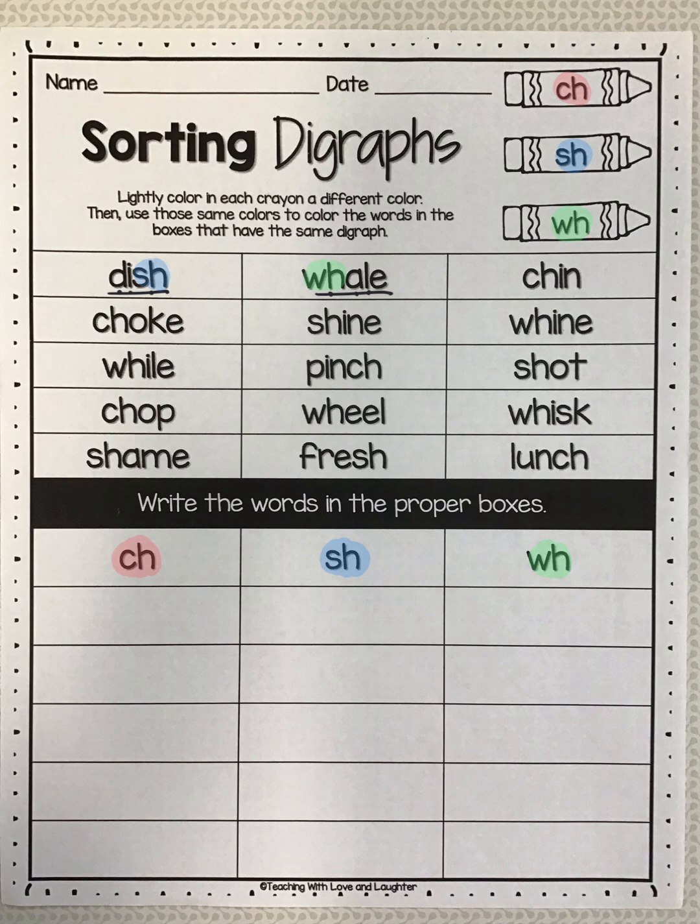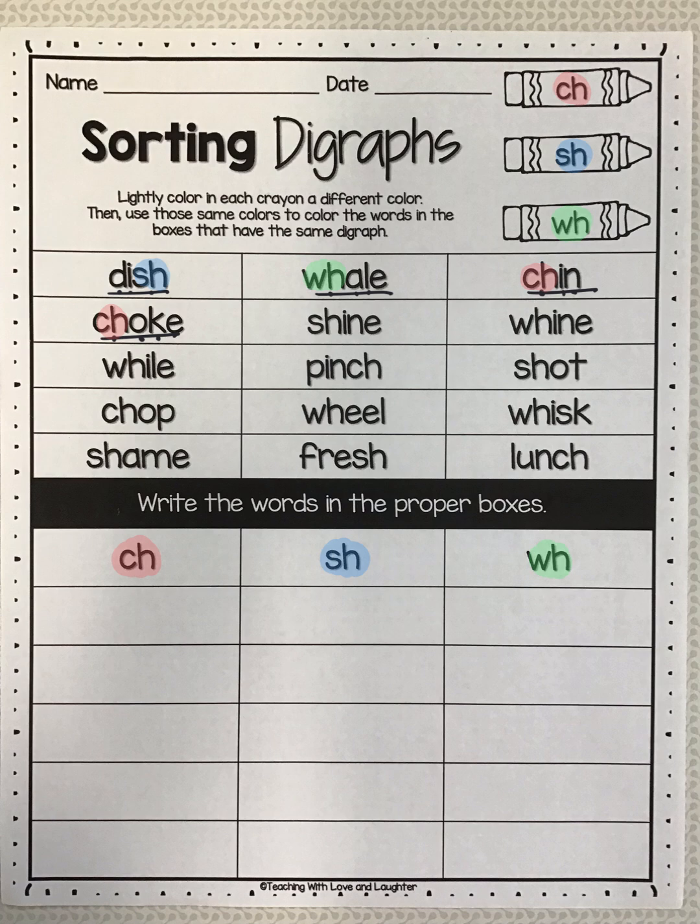Our next word is chin. Ch-i-n, chin. What digraph do you see in chin? That's right, CH says ch. Then we have choke. Ch-o-k, choke. What digraph do you see in choke?